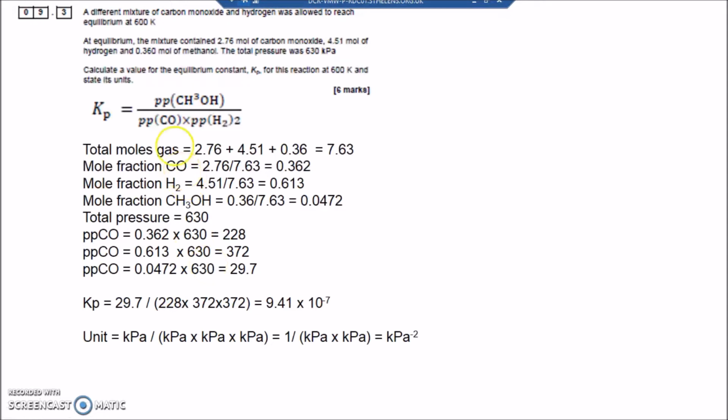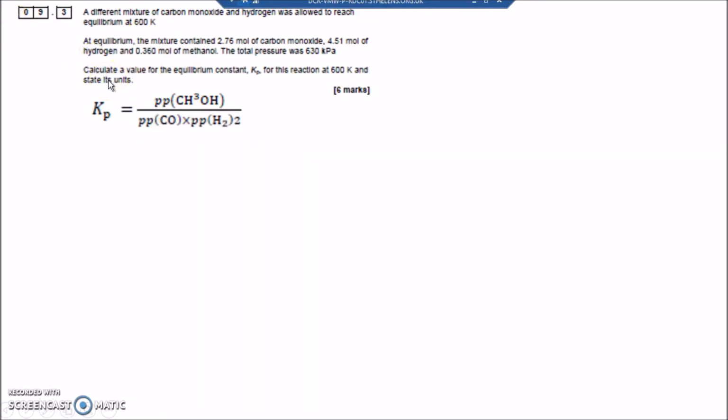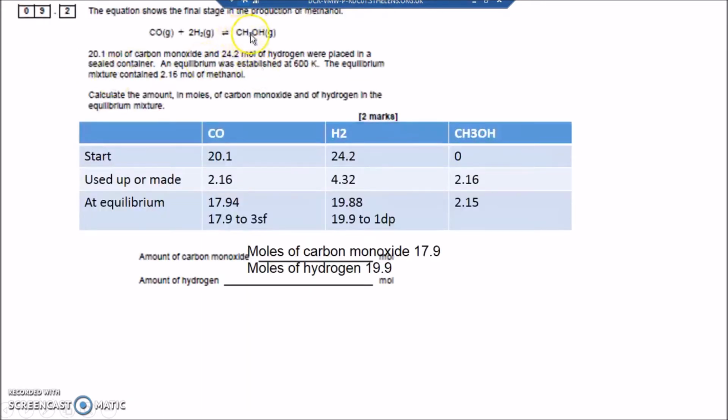Now, my Kp here, I've been given an expression here for the Kp. So it's similar to a Kc. So what you do is you put the partial pressure of the methanol, which appears on the right of the equation here, divided by the partial pressure of the carbon monoxide divided by the partial pressure of hydrogen squared.